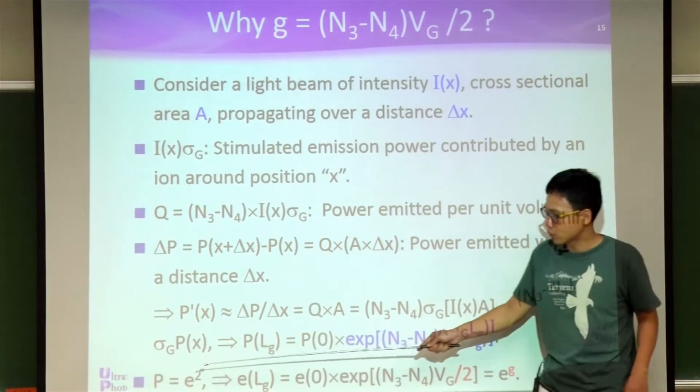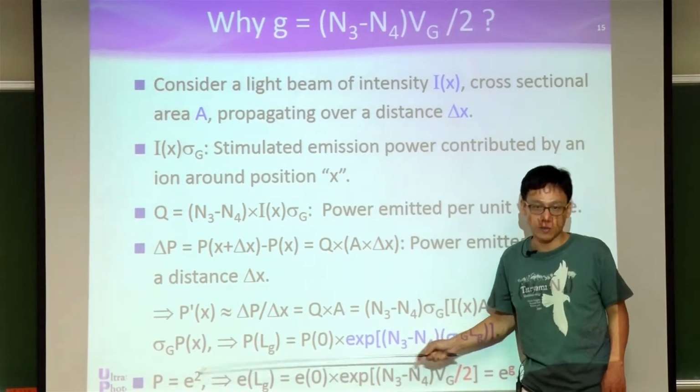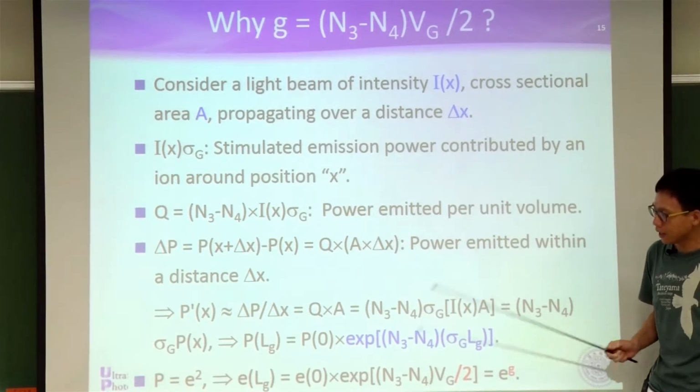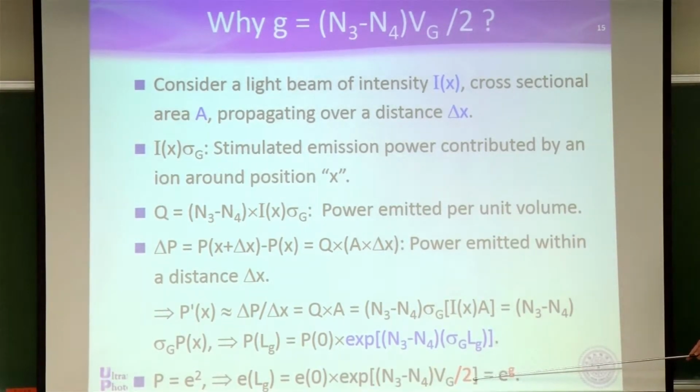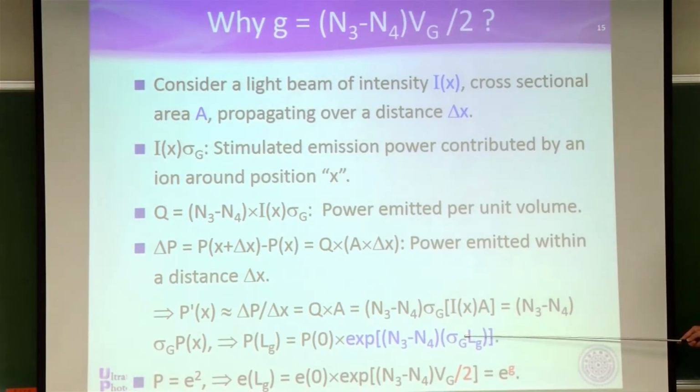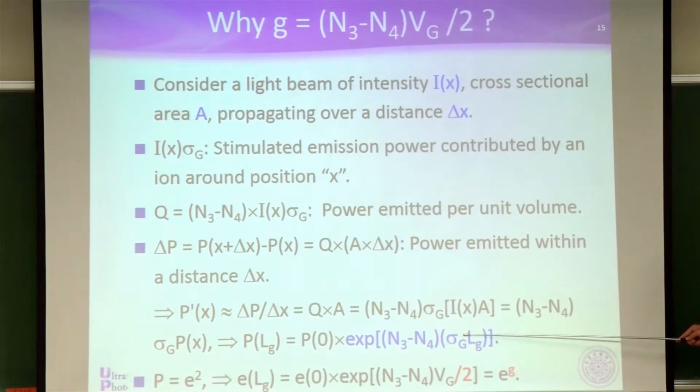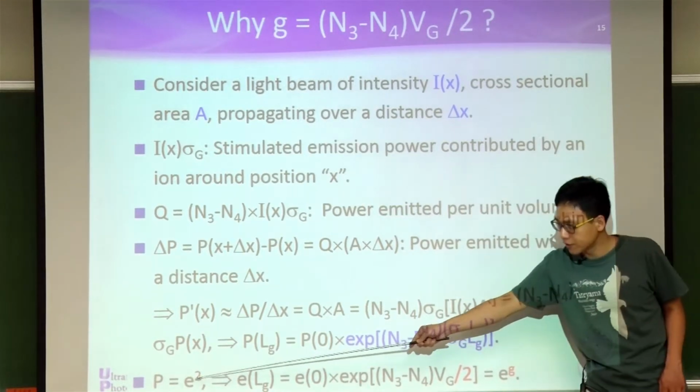And the power is related to the square of the electric field. So that's why you have a constant 1 over 2 here. There is no 1 over 2 in the power gain, but there is 1 over 2 in the field gain because of this relation.